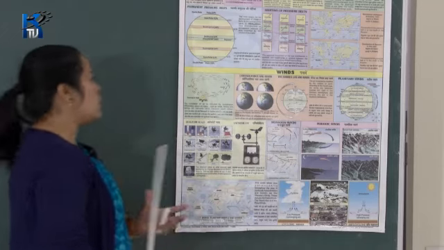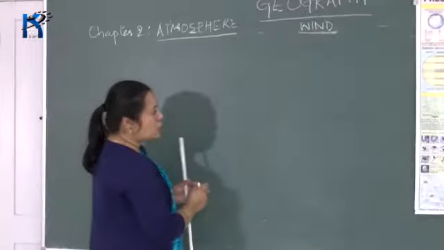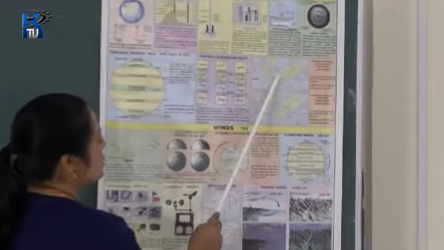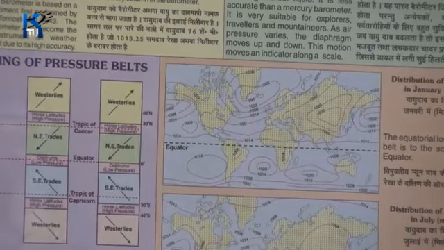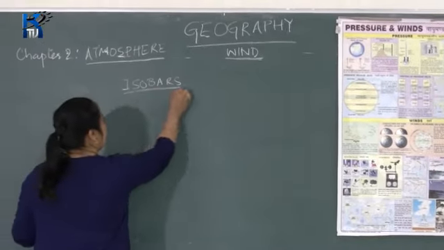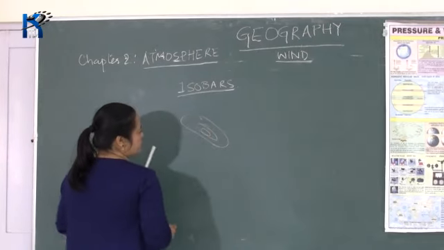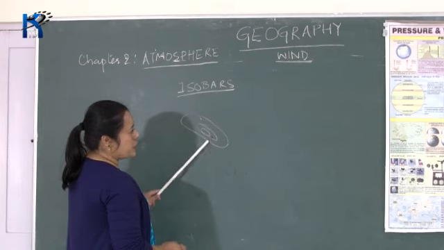And another important thing is that pressure on the world map is shown with the help of lines. A line joining places having equal air pressure is known as an isobar. Isobars are concentric lines which show the pressure gradient.